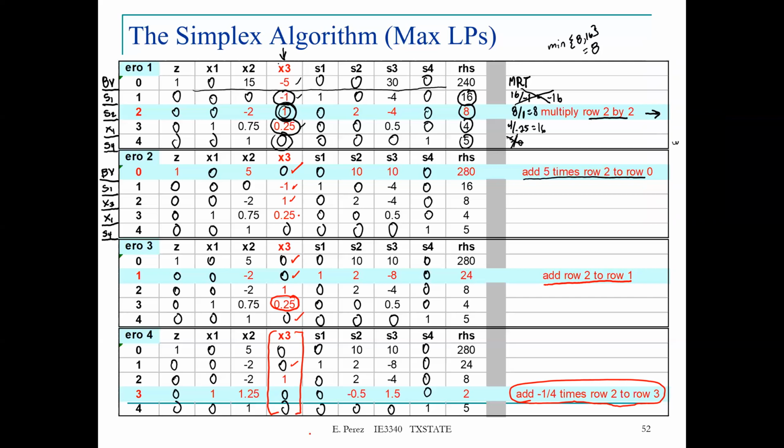Okay, so remember, these are my basic variables: Z, S1, X3, X1, and S4.